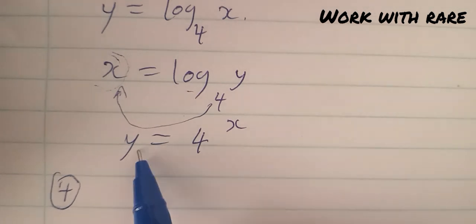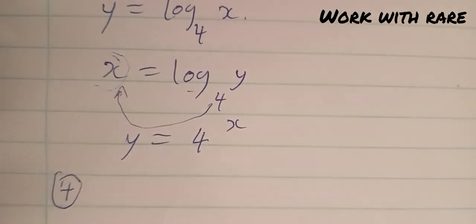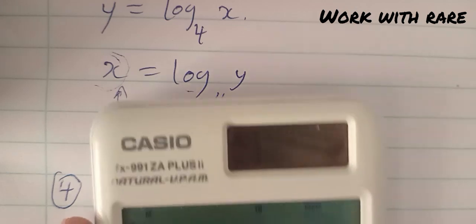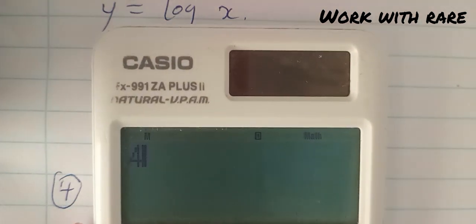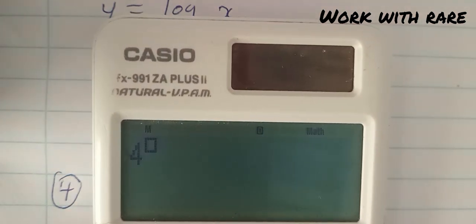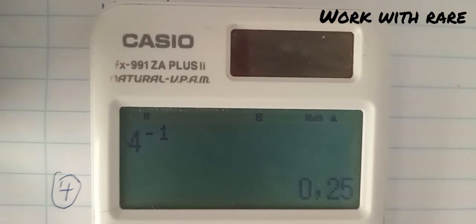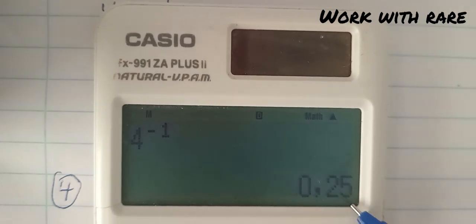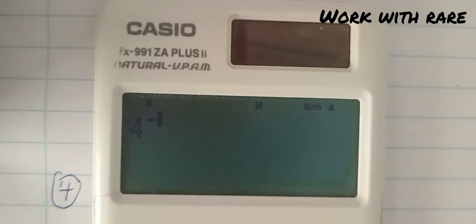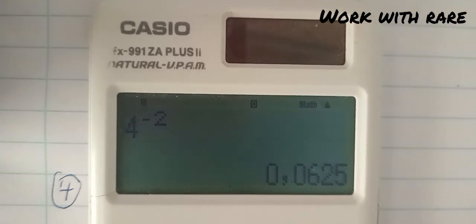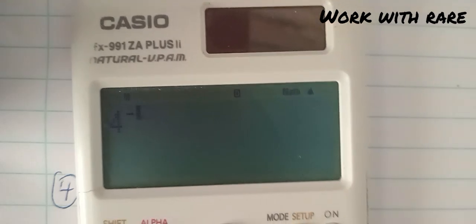Remember, the inverse of this is this number, right? So now you can test it with your calculator. Check 4 to the exponent, let's start with -1 and see. You see, this number is less than 0. This number is less than 0.